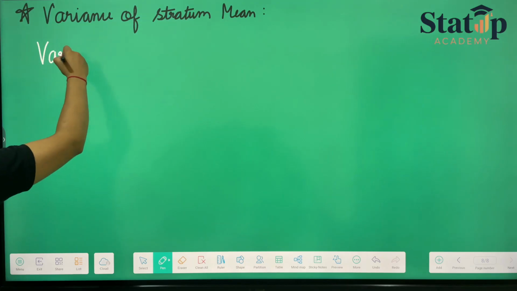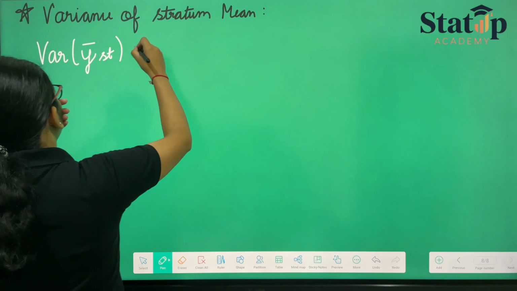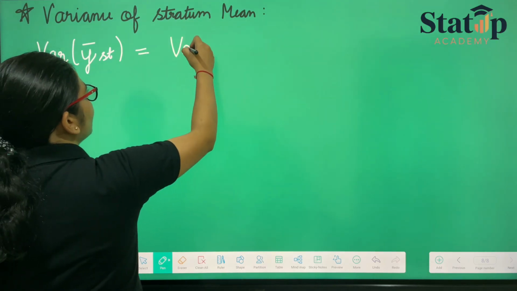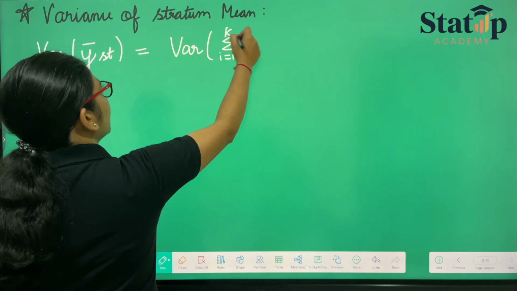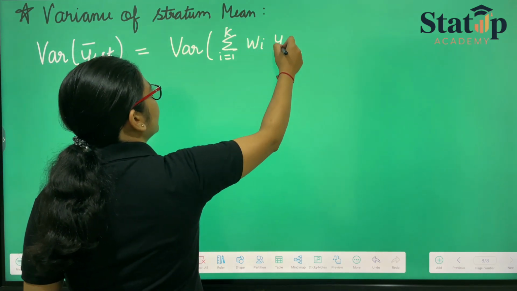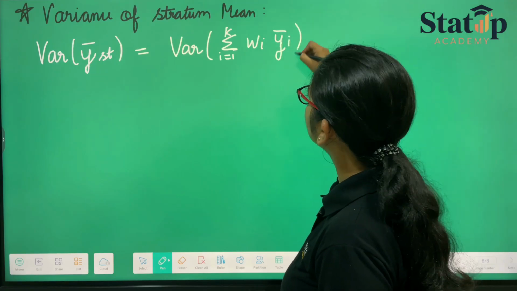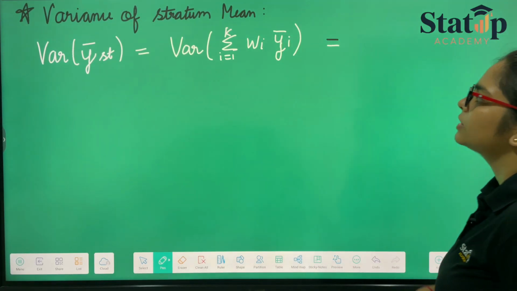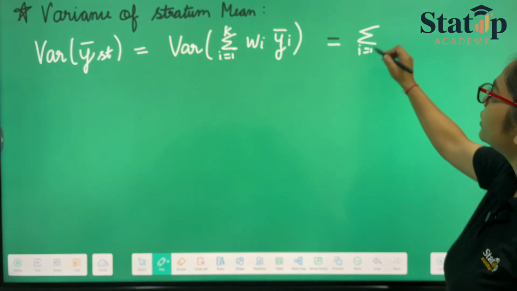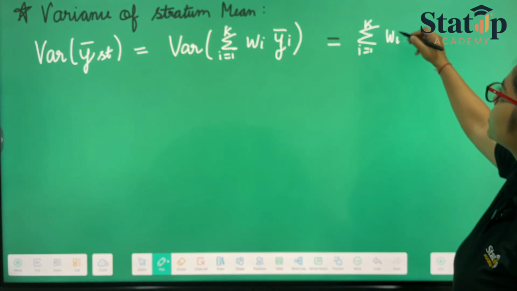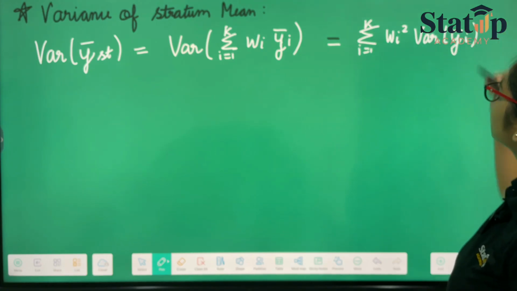The variance of y bar st is nothing but the variance of summation i goes from 1 to k, wi y bar i, and in variance we can take the constant term outside, so it will be summation i goes from 1 to k, wi square variance of y bar i, right?